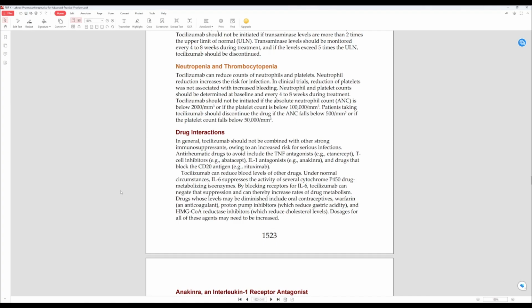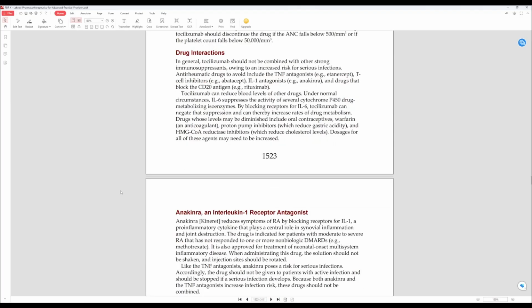Tocilizumab should not be initiated if the absolute neutrophil count is 2,000 or below, or if the platelet count is less than 100,000. Patients taking tocilizumab should discontinue the drug if the ANC falls below 500 or if the platelet count falls below 50,000.